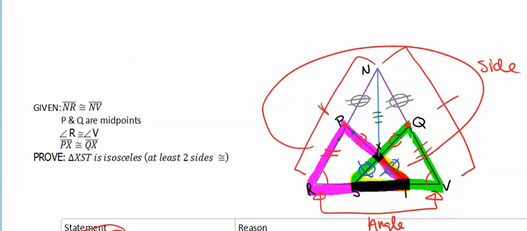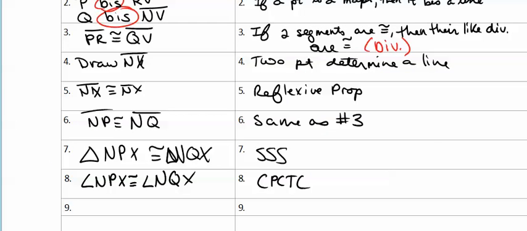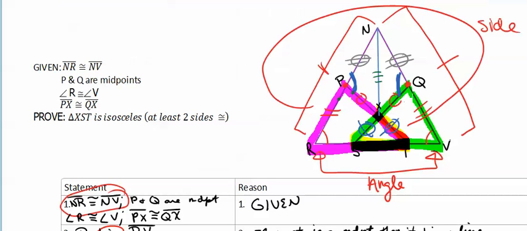Since we established the congruent triangles, we now know the corresponding parts of those triangles are congruent. What that means is we now know that this angle right here is now congruent to this angle. We can then say that NPX and XPR are supplementary, as is NQX and VQX.